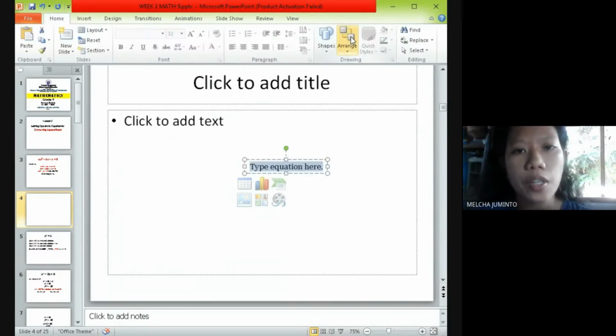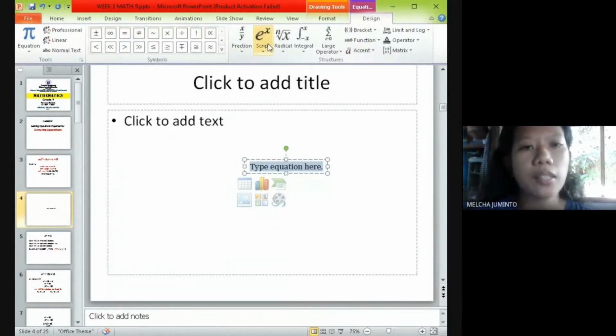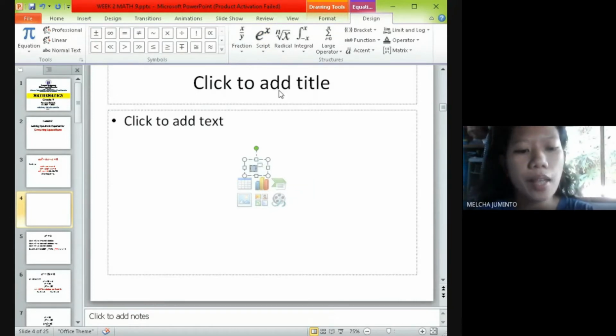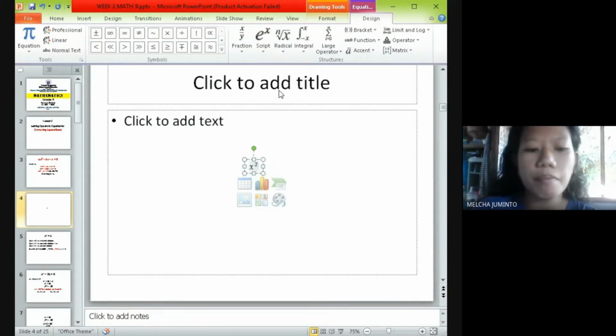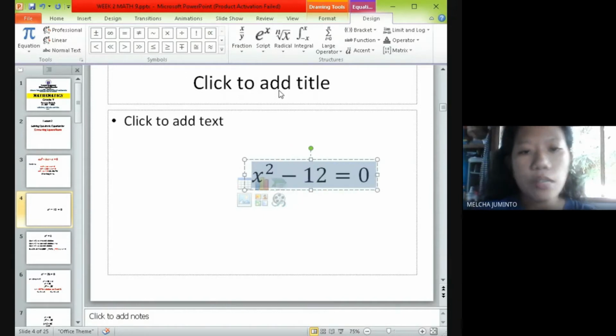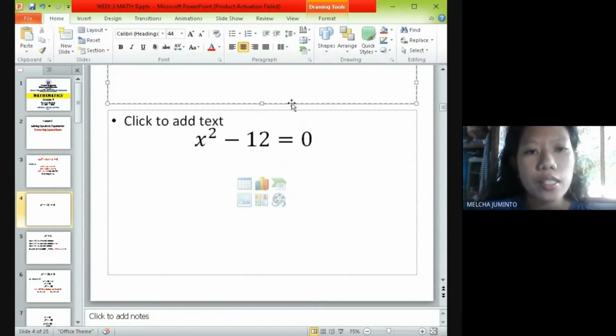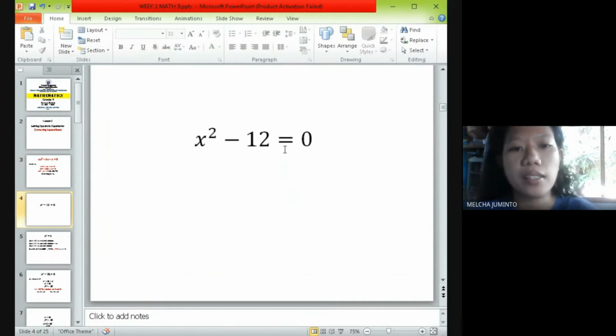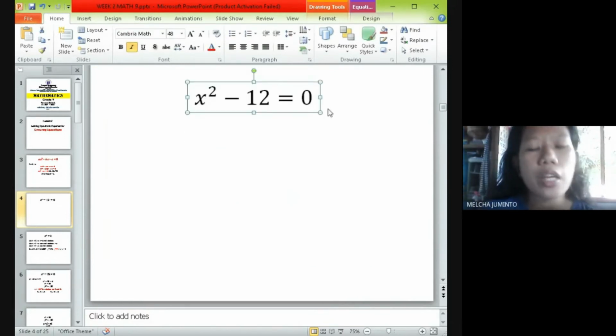I will be using an equation tool to show you an example. Let's say, for example, the equation is x squared minus 12 equals 0. The given equation is x squared minus 12 is equal to 0. This equation is an example of a quadratic equation wherein b is equal to 0.